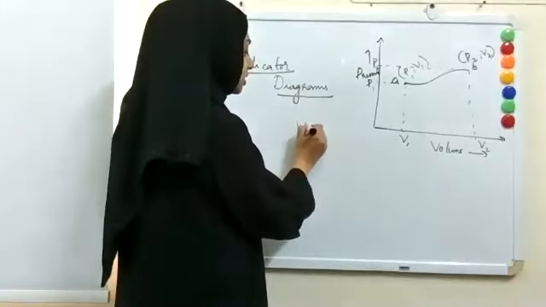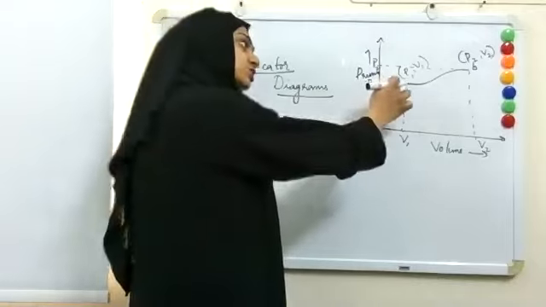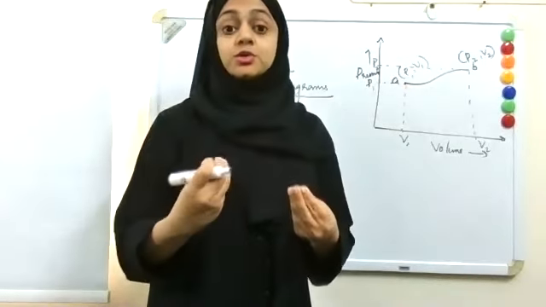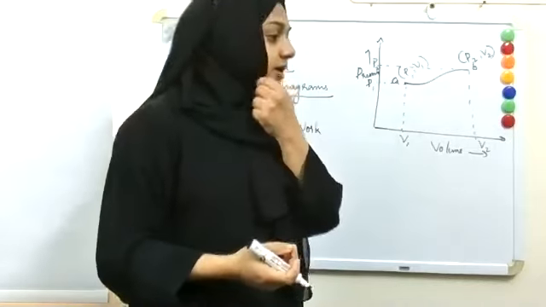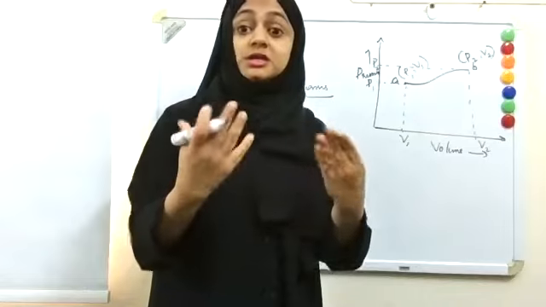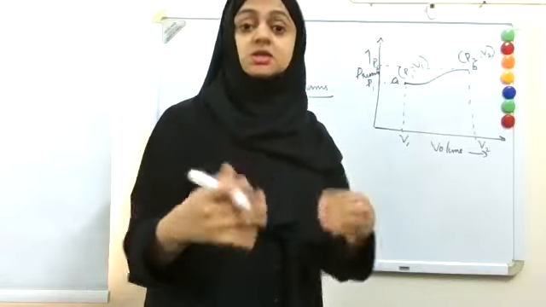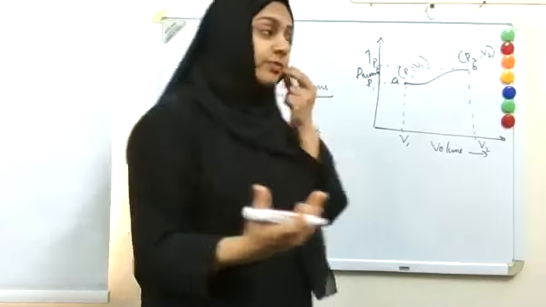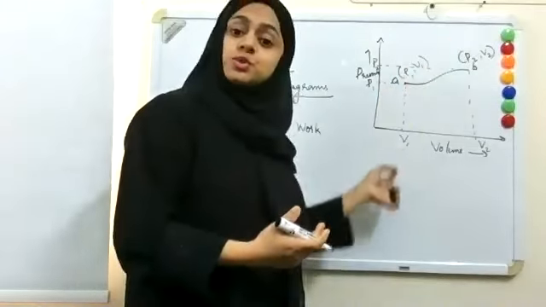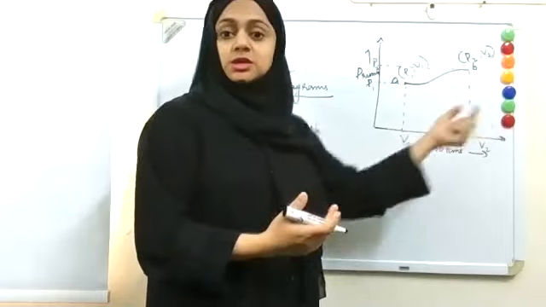When a system goes from point A to B, which means if a system undergoes a change, for example, air expands. When air expands, its volume changes, its pressure changes, right? So when the air expands, it goes from one state to another state.